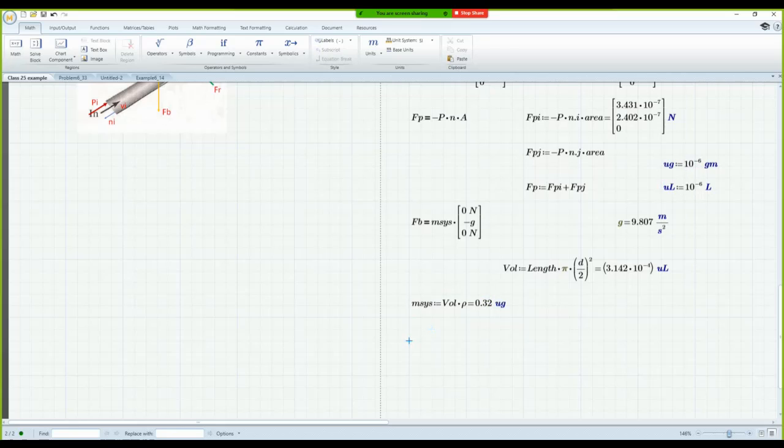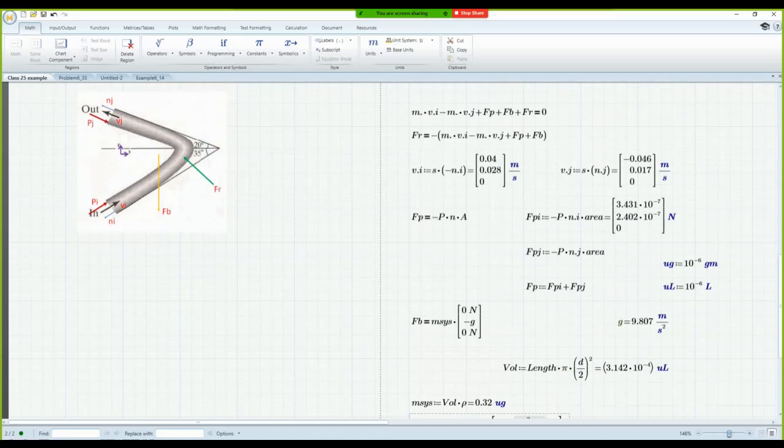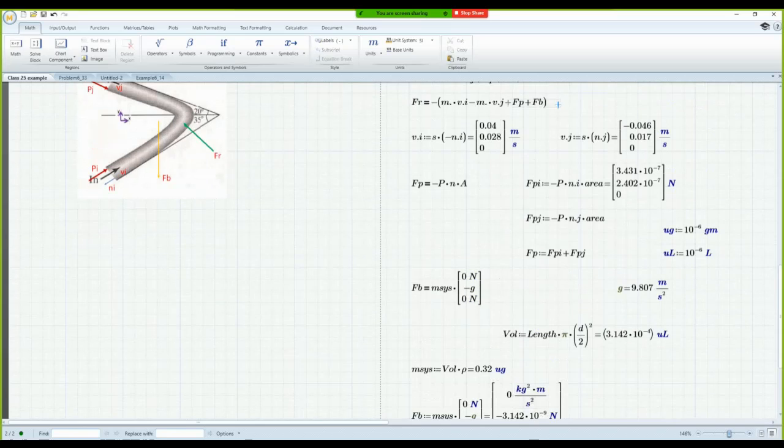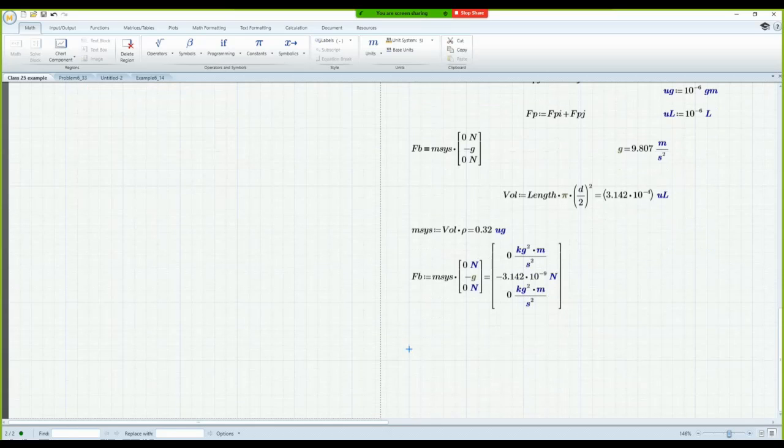Now FB, we can take this equation that we made, put it down here and turn it into an equal here. So those are also newtons. So here's the body force, we've got the pressure force, and we've got the velocities and the mass. So now we can just take this equation, turn that into an equal sign, and let's see how it goes.